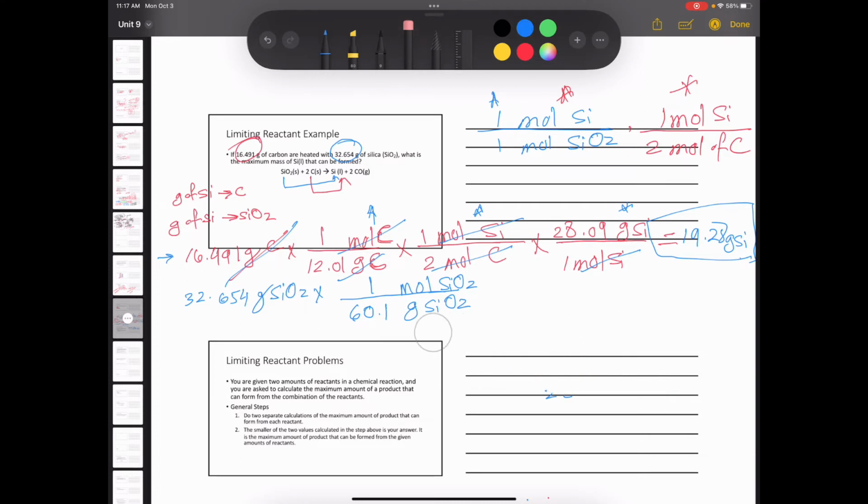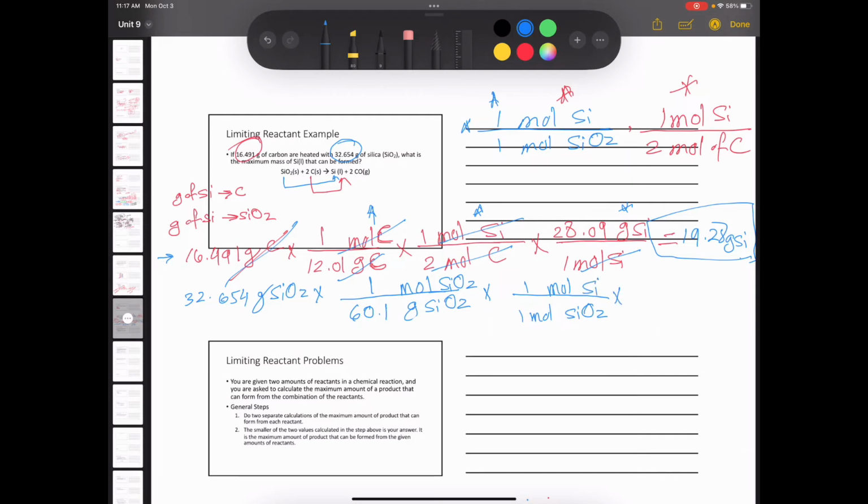So now I have moles of SiO2. Now it's time to use my stoichiometric relationship. For every 1 mole of SiO2, I will be getting 1 mole of silicon.